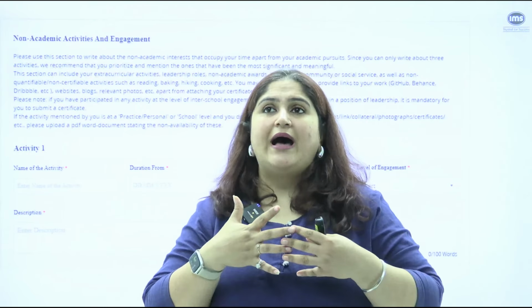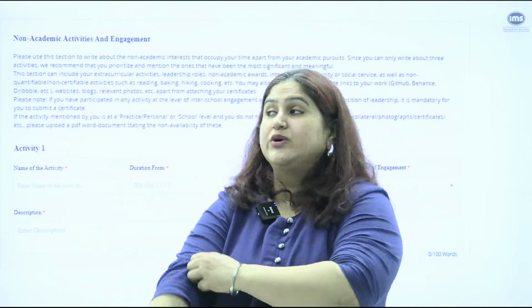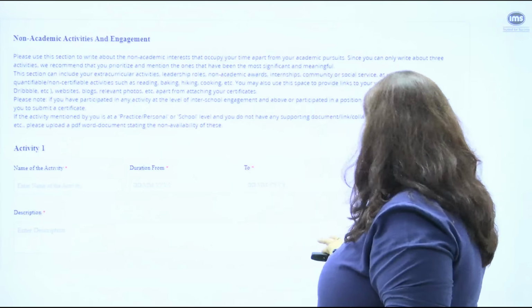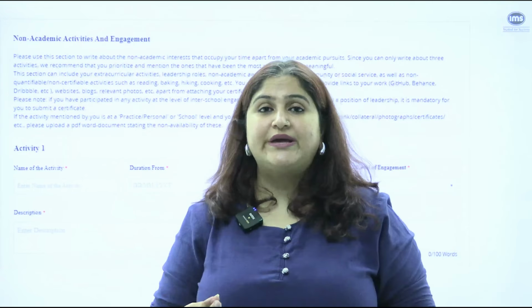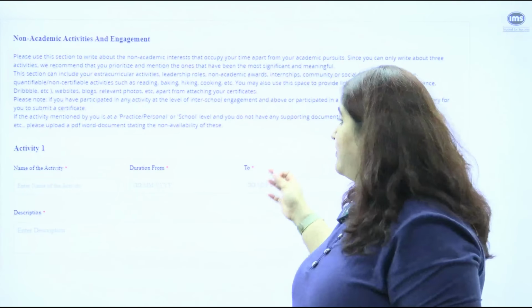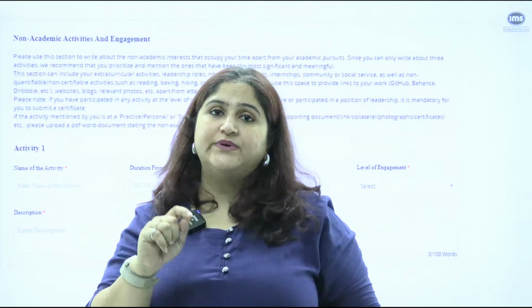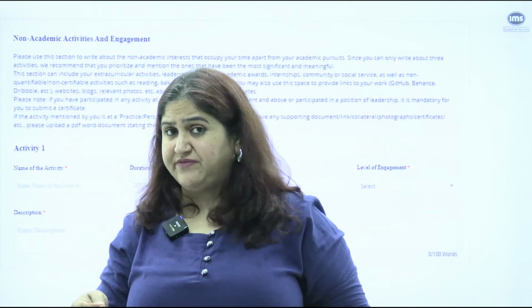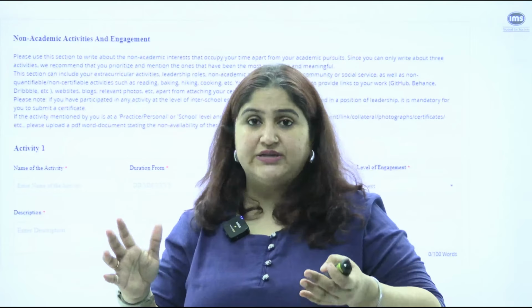Try to highlight what you have learned from these activities, because there will be a little write-up, a 100-word space, to showcase what you learned from that particular activity. So there will be 3 activities which you can mention with the proper certificates. My suggestion would be, if you have achieved something internationally, start with that.